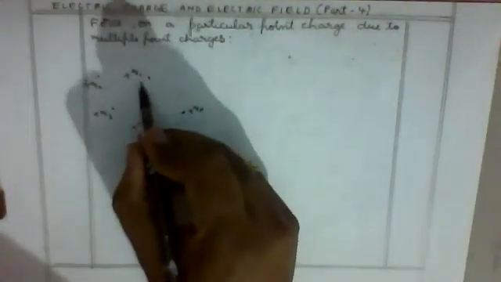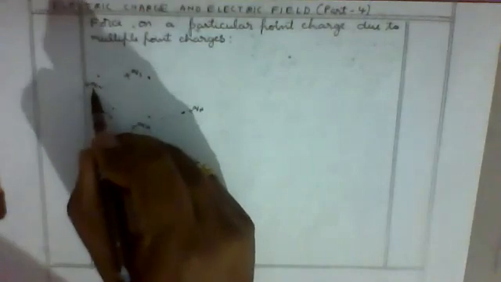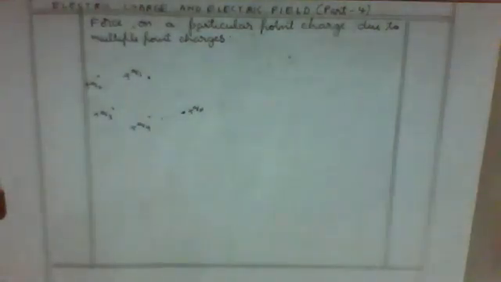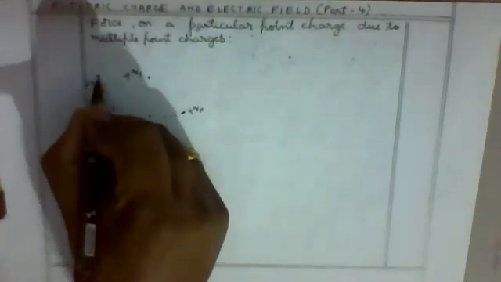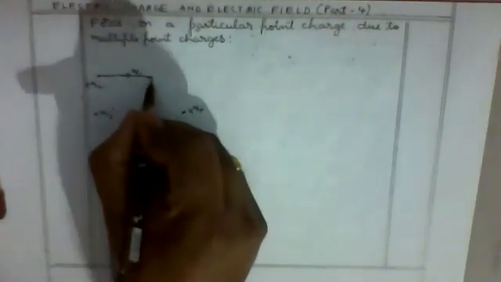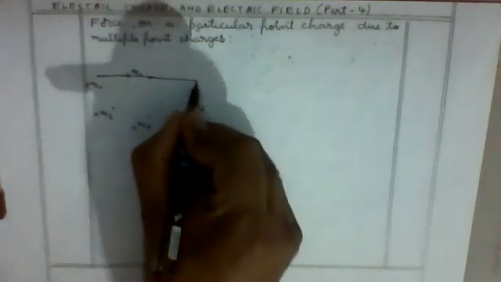The force acting on plus Q1 due to plus Q2, that is the F12 vector, is a repulsive force.